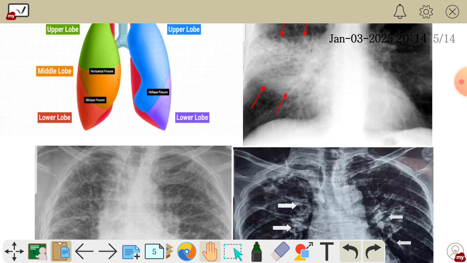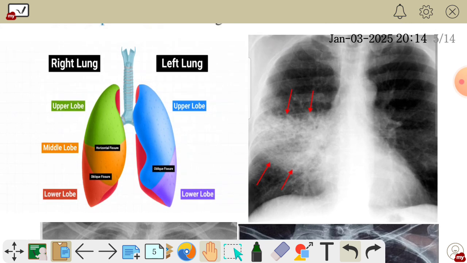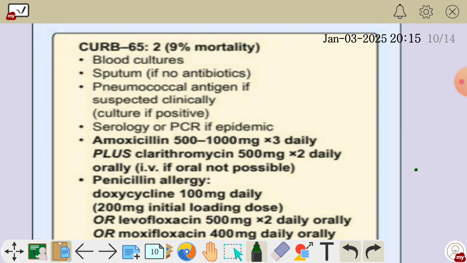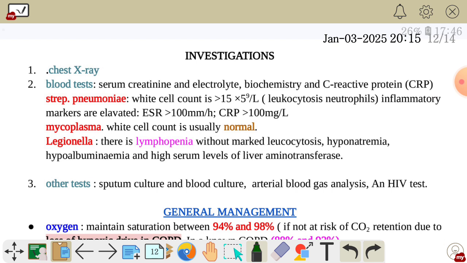For lobar pneumonia, on the chest x-ray we will observe one lobe being affected, so we have consolidation of the whole lobe. So that is a further investigation we can do, the chest x-ray.